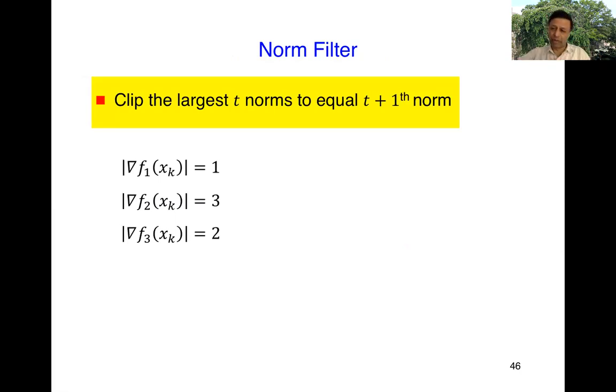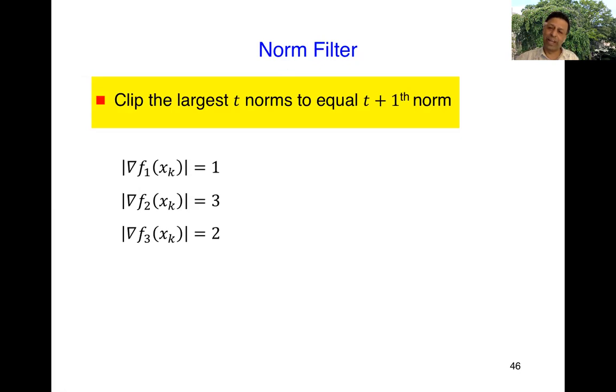But in general, it's a vector. So it's an arrow pointing in a particular direction. The arrow has a direction and length. The length is what is called the norm. And the filter here is what we call the comparative norm filter, and here is what it does. It computes the norm, the length of all the gradients, and takes the largest t gradients. In our example, n was 10, t equal to 2.